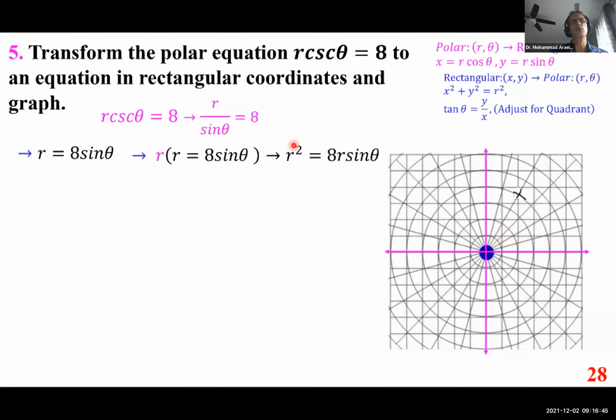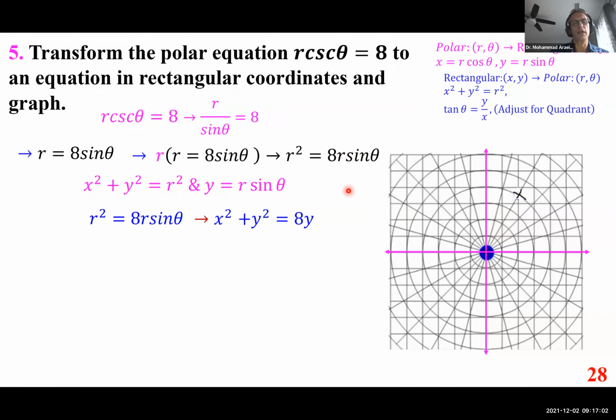Again, this is x squared plus y squared. Let's write it down. X squared plus y squared equals r squared. Y is r sine theta. So replace it, and you get the following. X squared plus y squared equals 8y.